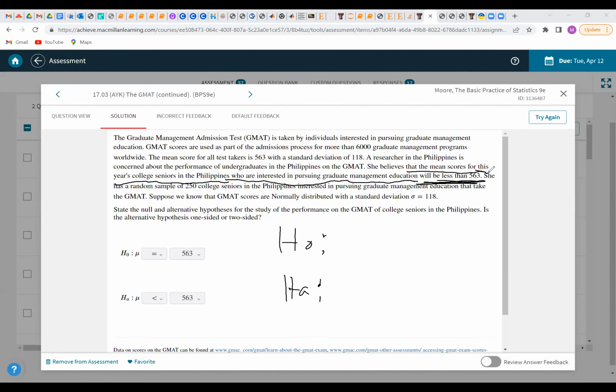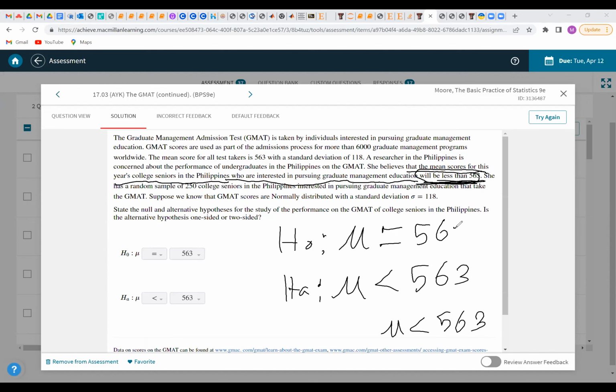That means we want to test whether mu is less than 563. So our alternative is mu less than 563. The null is always equal, so it will be mu equals 563. That's how we get the hypothesis statements.